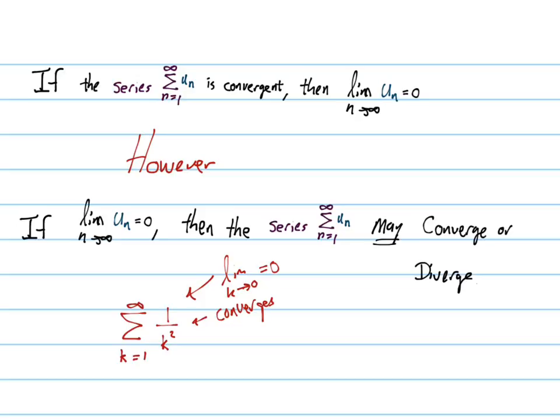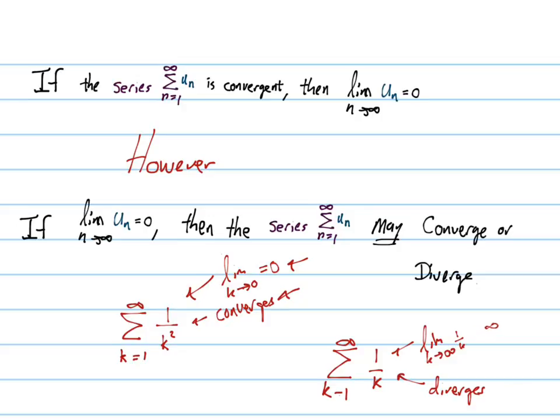Well, that might make us think that if we start with this condition about the limit, then we can assume convergence of the series. However, it's not true, because when we explore 1 over k and let k go from 1 to infinity, this in fact diverges as a series. However, the limit as k approaches infinity of 1 over k is 0. Remember, that turns out to be a natural log situation when we use the integral test.